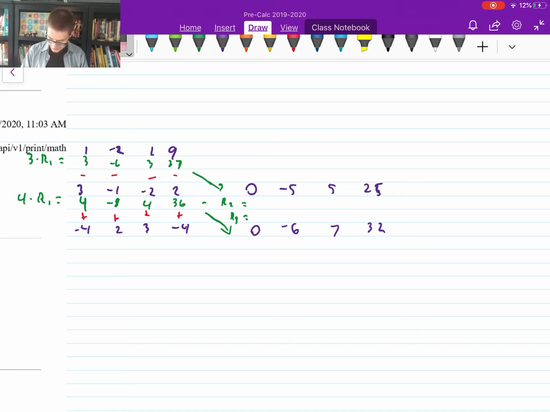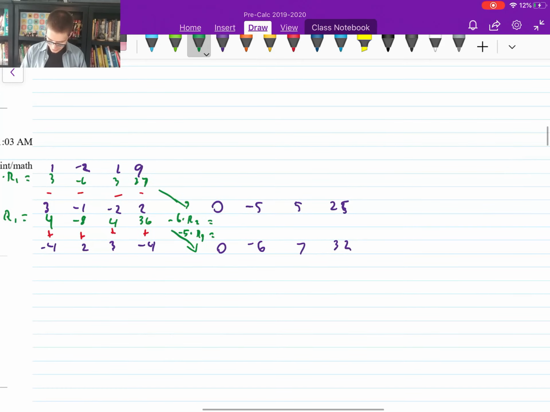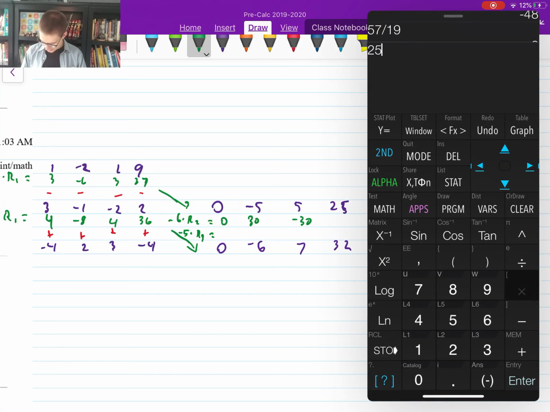Good thing I caught it again. Okay, -6 times row 2 and -5 times row 3. That gives us 0, 30, and then -30, and then 25 times -6, which is -150.